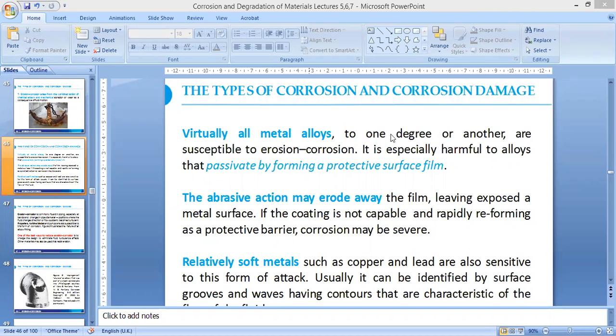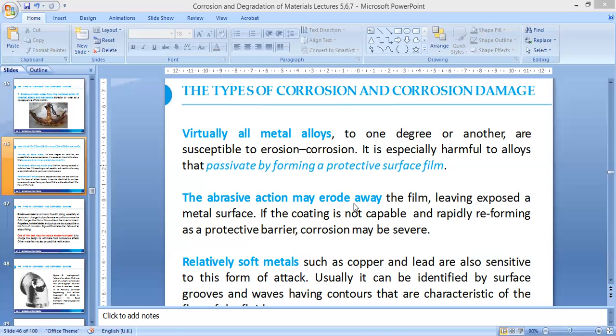Yeah, so as you can already guess, this type of corrosion is especially harmful to alloys that passivate by forming a protective surface film, as in the case of aluminium. With the constant flowing of water and the abrasion that is happening, every now and then your aluminium has to form a new oxide layer.